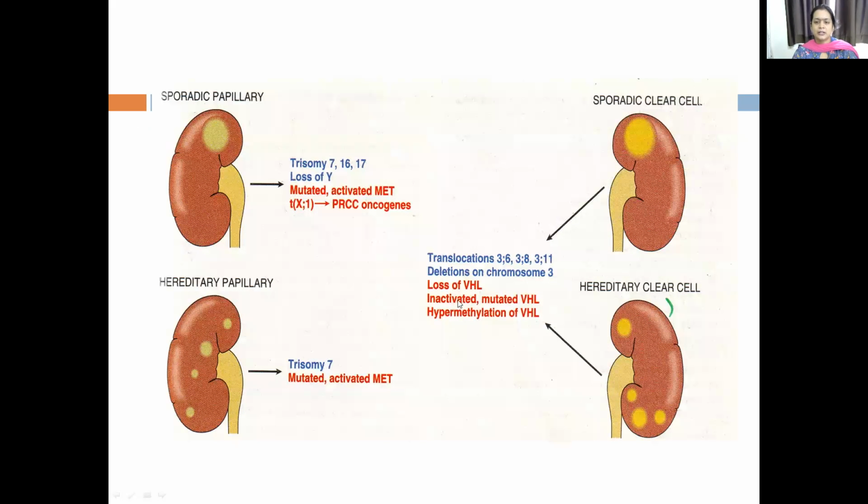In the sporadic clear cell, we have loss of the VHL gene, inactivating mutation or hypermethylation of the VHL gene. In hereditary clear cell, we have the VHL gene also involved, but the lesions are usually multifocal, in the upper and also the lower poles. Hereditary papillary can be multifocal, associated with activated MET.